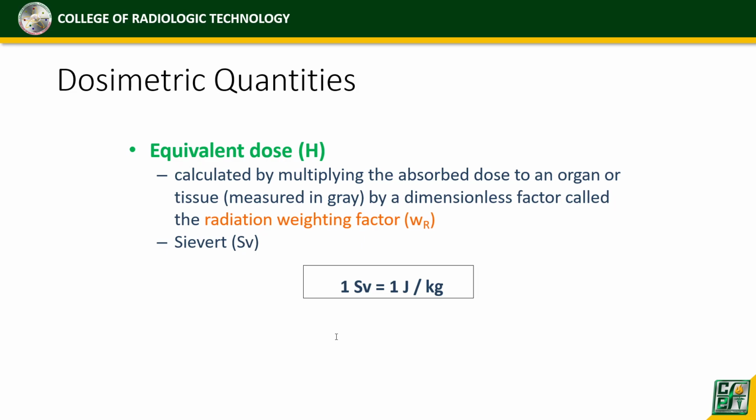So anong gagawin mo? Ita-times mo yung 5 gray sa 0.12. So yung product nun, that will be the answer. That is the equivalent dose. Okay.